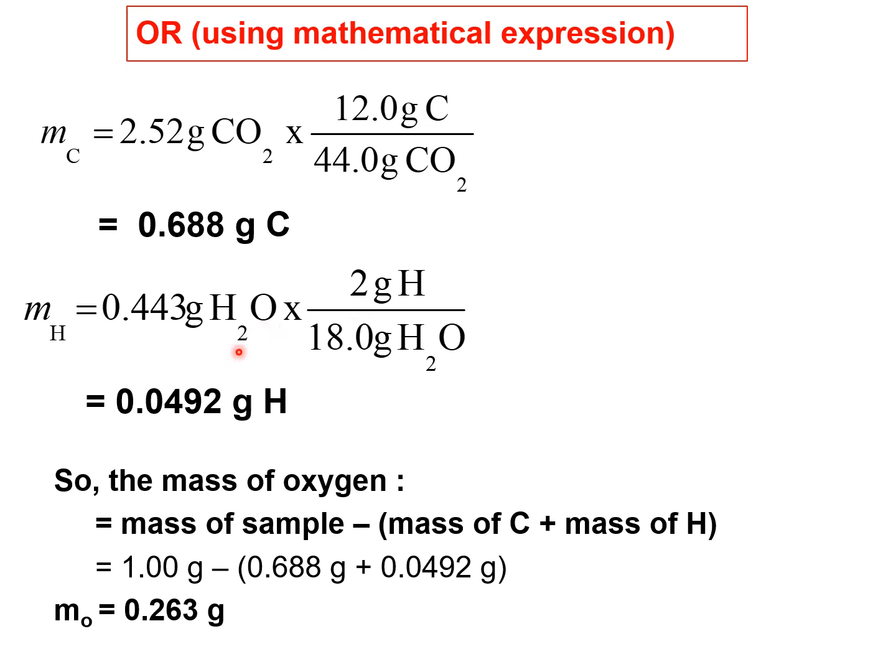Okay, kalau let's say you buat cara yang panjang belakang-belakang tadi, at least you boleh see things clearly, okay? And then you akan susah lah untuk salah. Okay, so the mass of oxygen sama je, mass of sample tolakkan dengan mass of carbon dengan hydrogen yang you dah dapat previously. So sama juga, dapat mass of oxygen 0.263.